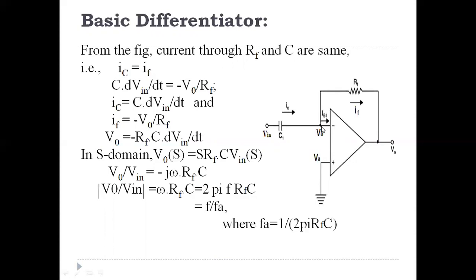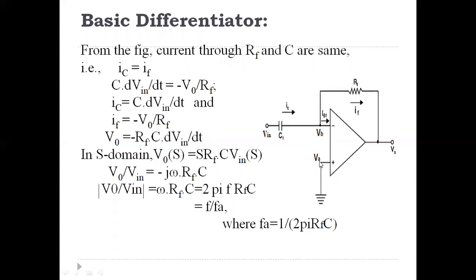If you apply KCL at this node, the sum of the entering currents is equal to the sum of the leaving currents. Here the entering current is IC and the leaving current is IF, that is IC is equal to IF. According to the virtual ground concept, the voltage at this point is 0 because this terminal is connected to ground. The voltage at this point is also 0, that is VA is equal to VB.